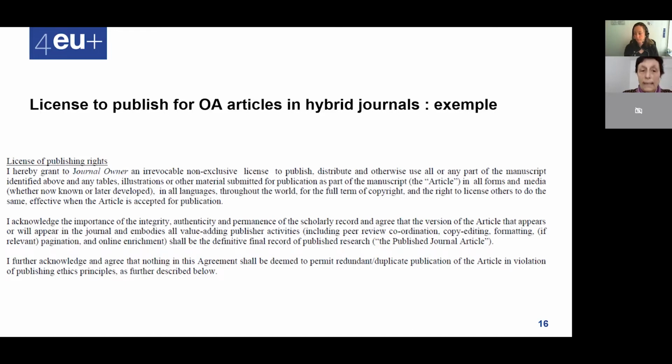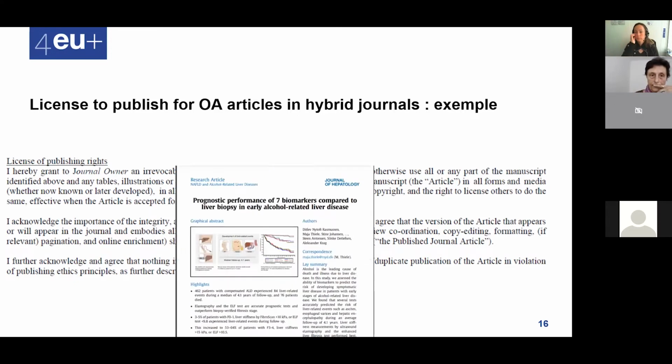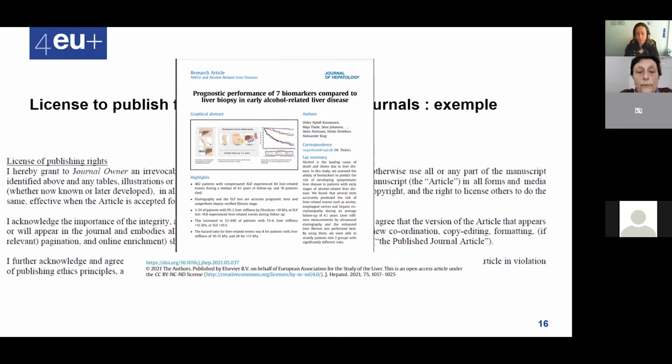That you grant an irrevocable, non-exclusive license to publish, to distribute, and use any part of the manuscript to the publisher. That means you grant these rights, but you maintain these rights also for yourself. You have granted it in a non-exclusive way. And here you see copyright the authors and published by Elsevier on behalf of.